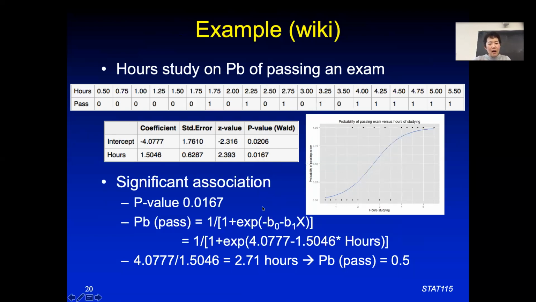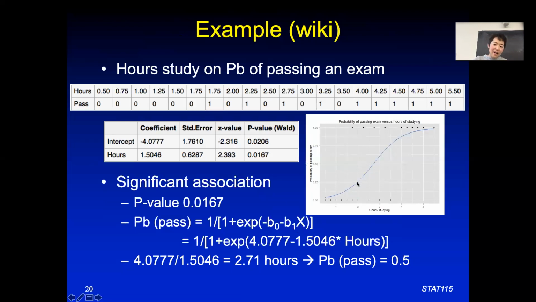And so if I give you a particular student, if they studied a certain number of hours, you can just plug that number of hours into this equation and calculate. Basically it's an odds ratio of the probability of passing versus the probability of not passing. Therefore, if this final value is over 0.5, you will predict the student as passing.